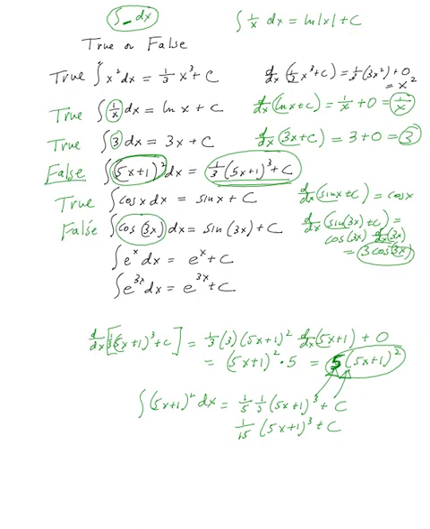How about this one? Antiderivative of e to the x is e to the x plus c. That's true, because the derivative with respect to x of e to the x plus c is e to the x.